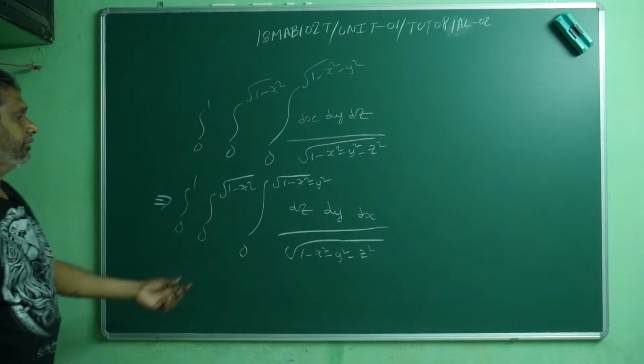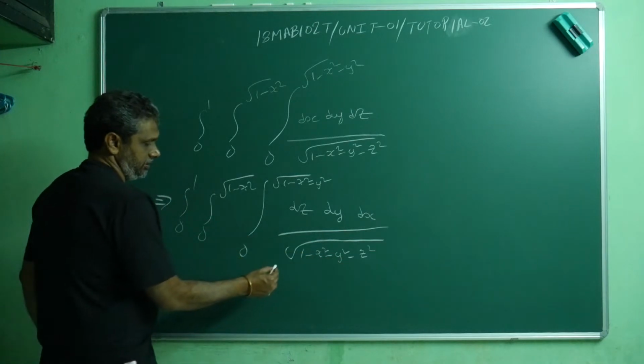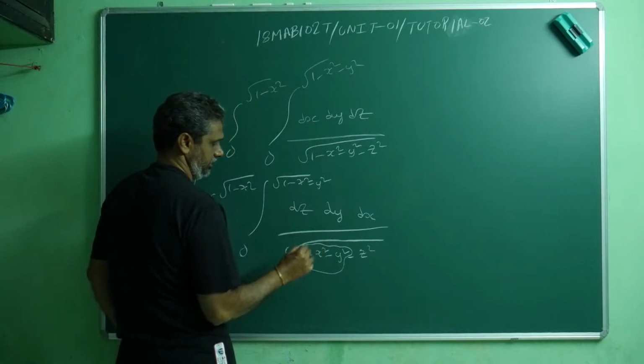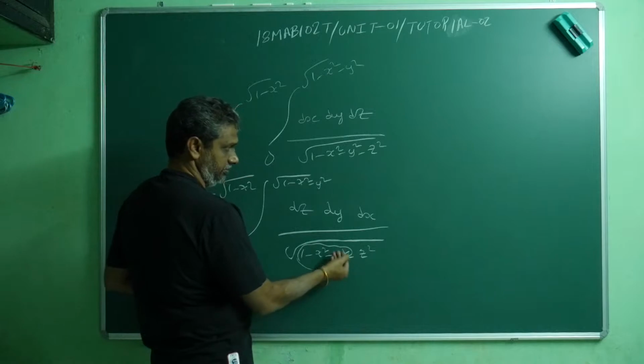Now with respect to z I am dealing with what here, z only variable, these all are constant. This whole thing I will treat as a constant. So how can I write actually, this whole thing I will write as a square minus x square, I will treat as a square.